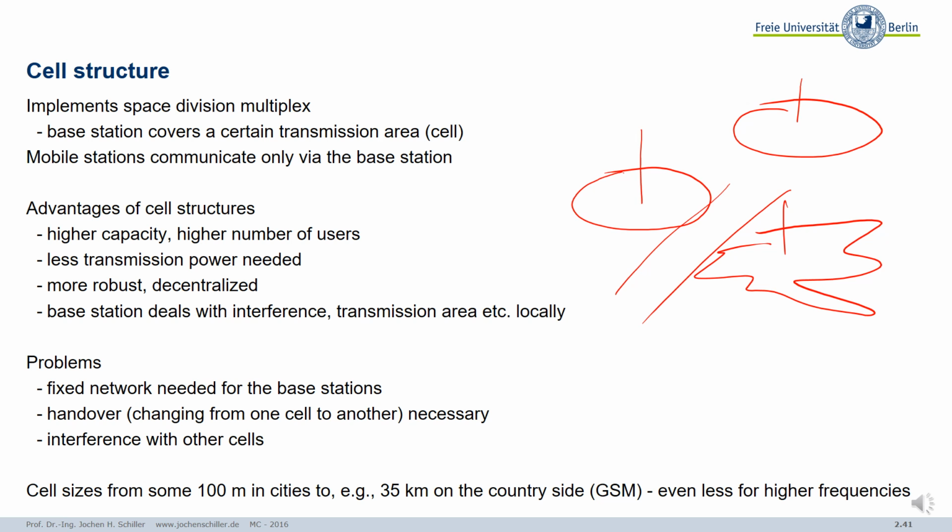So that's one reason why we create cells. Cells mean we artificially create a certain transmission range, and then we know the detection ranges and interference ranges. A second reason is higher capacity. Imagine you have only one cell in Germany for all mobile phones, with the antenna placed in Frankfurt.